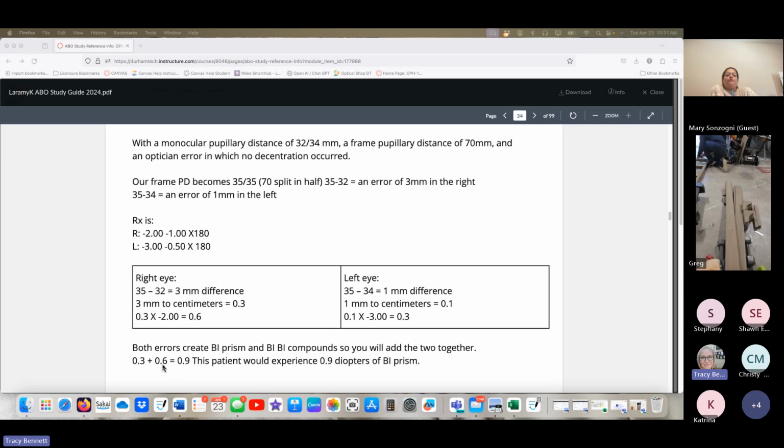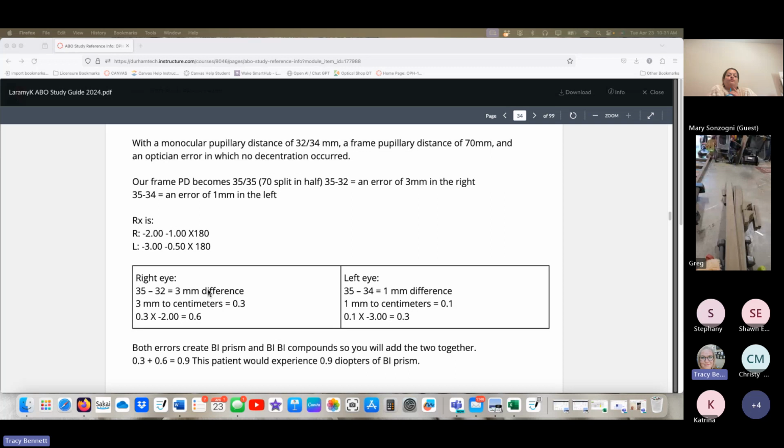And so they add those two together and get 0.9 for the total. You knew it was 0.9, and then you went to draw it. Yes, that's what I would do. Well, sort of, because with this one, when you first do the problem, you're finding, okay, how much is the millimeter difference?